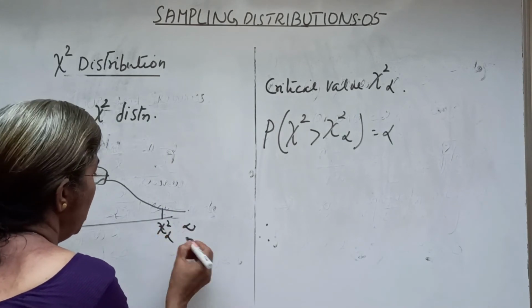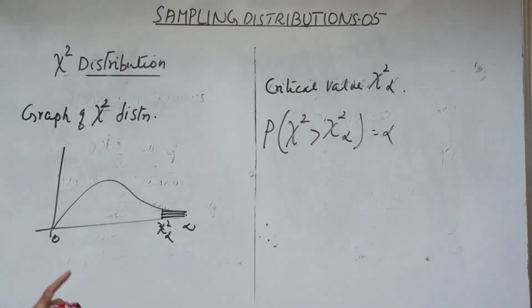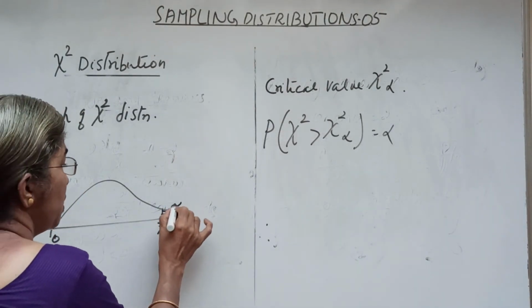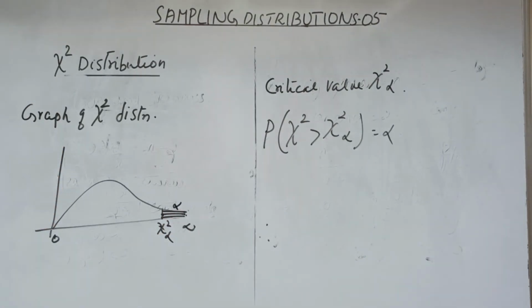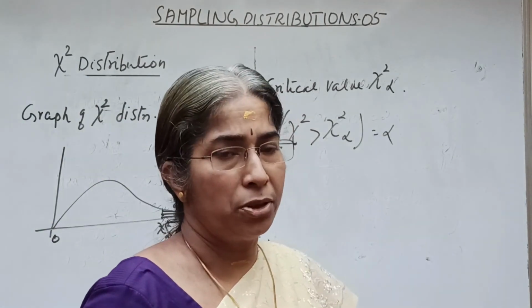Chi-square alpha is the value such that for n degrees of freedom, the right tail area equals alpha.